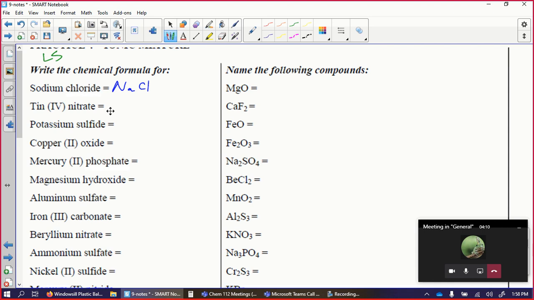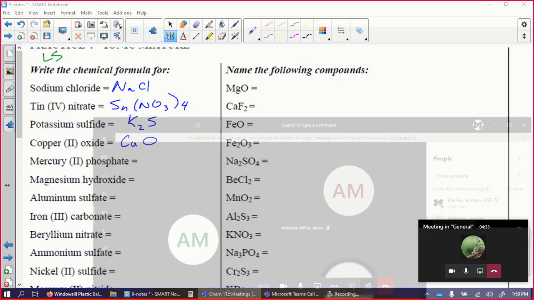NaCl, sodium chloride, tin is +4, nitrate is -1. Let's put the right number there. Potassium sulfide, copper 2 oxide is CuO. I got somebody here.